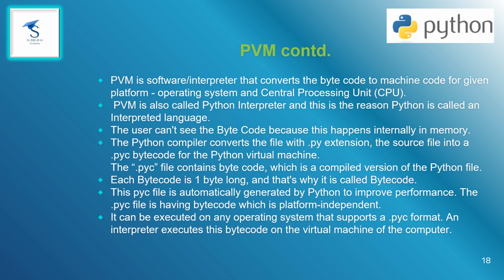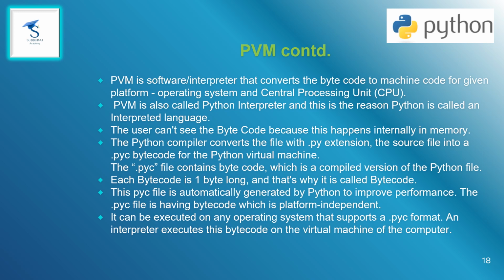But the bytecode can be transferred to the virtual machine on the same machine or some other machine. The bytecode is stored with .pyc. Then it becomes executable code after the virtual machine takes over and converts it into machine code.